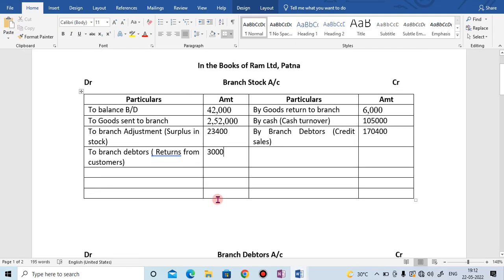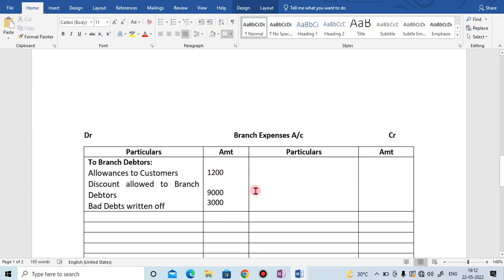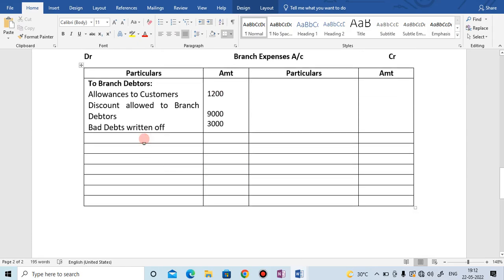So this entry will come in branch expenses account in debit side to cash.